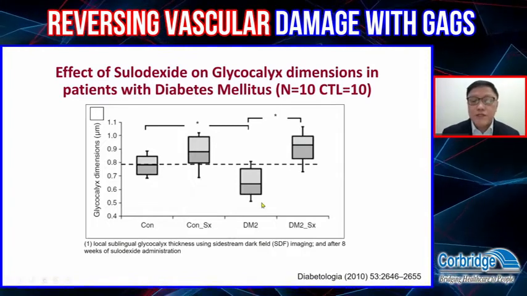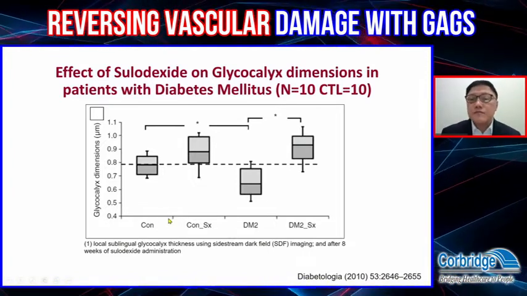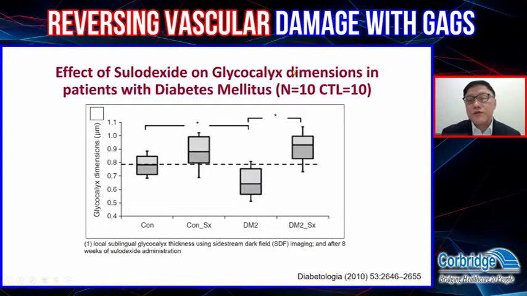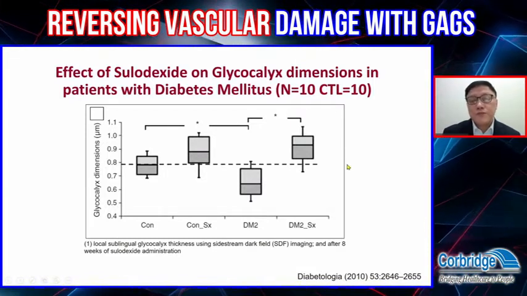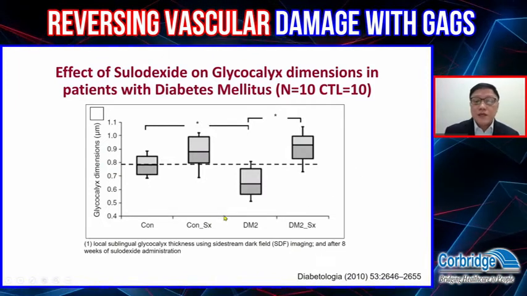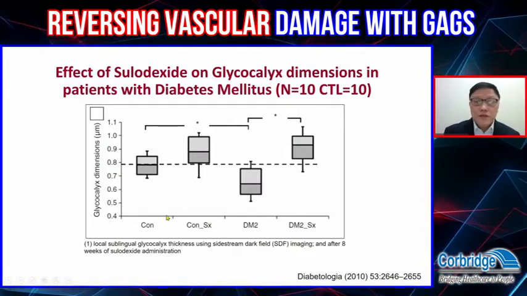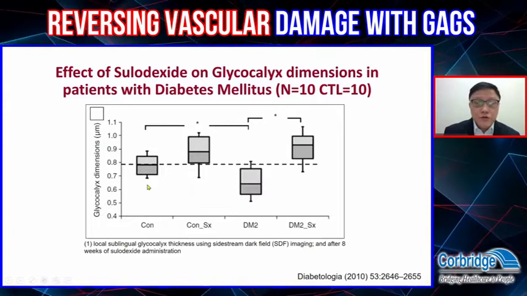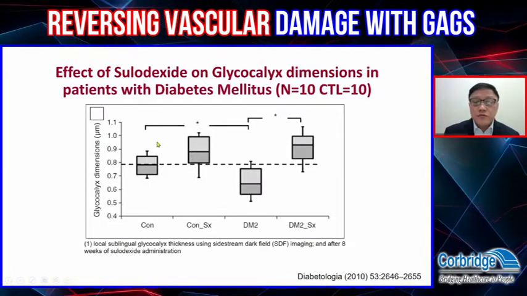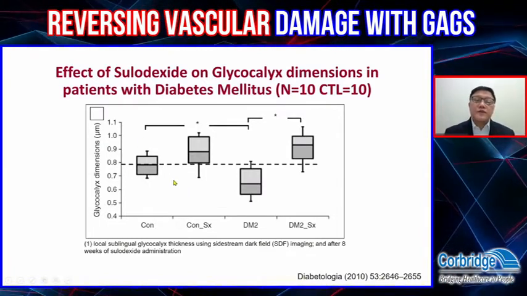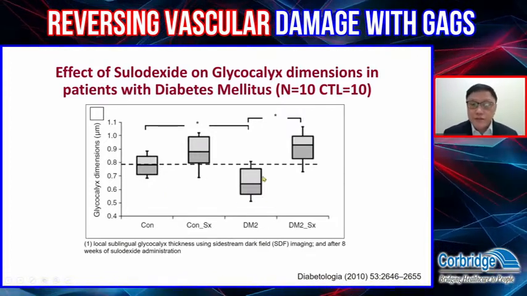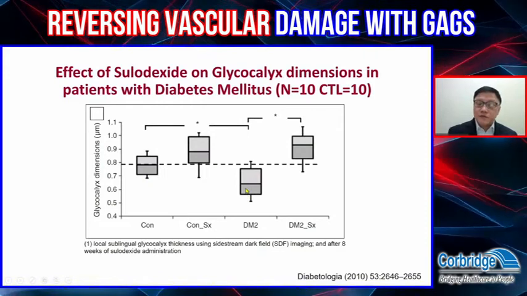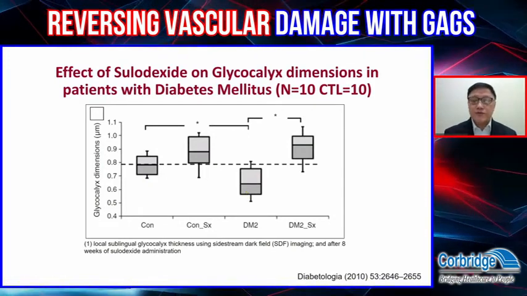And true enough, in this experiment, using 10 patients with diabetes and 10 patients without diabetes, they showed that the control have normal glycocalyx dimension. But if they have diabetes, the glycocalyx dimension is significantly reduced.